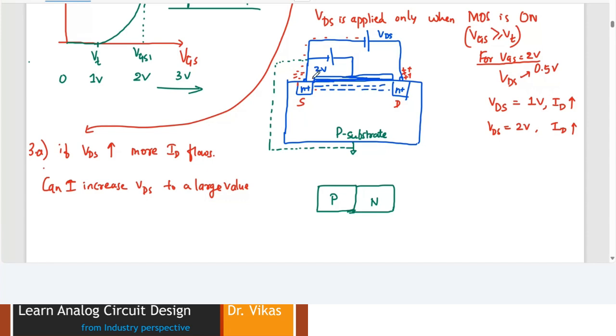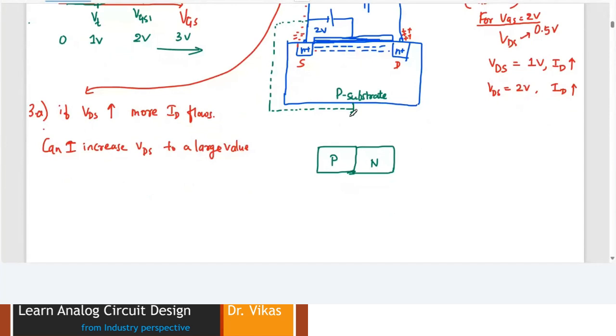Now let us presume that we know that the P substrate has to be tied to the source. If I draw the cross-sectional view, let's make it a little bit larger. So if I look here, I have a P-type substrate and I have an N-type drain.